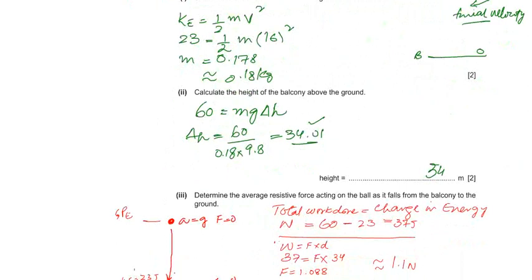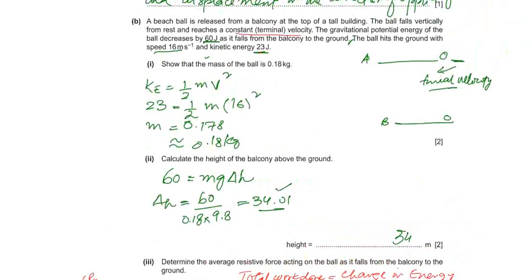So approximately it is 34 meters. So this is the height, 34 meters, where the potential energy was 60 joules, and after the energy loss, at the bottom it becomes 23 joules.